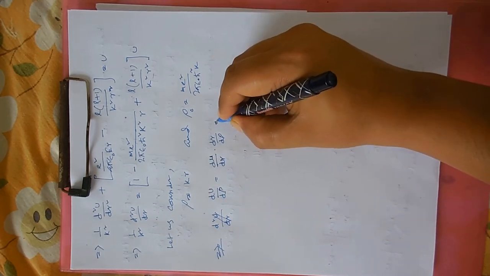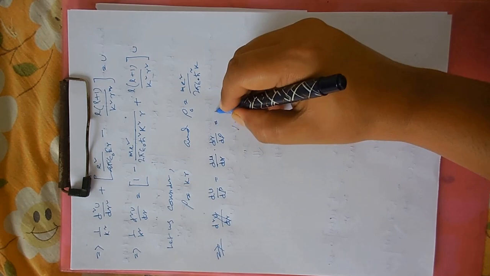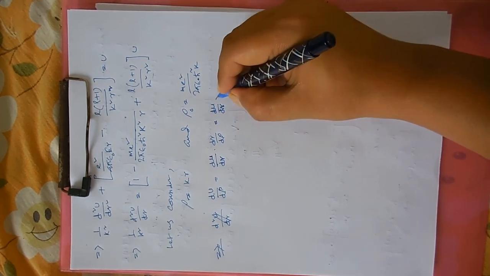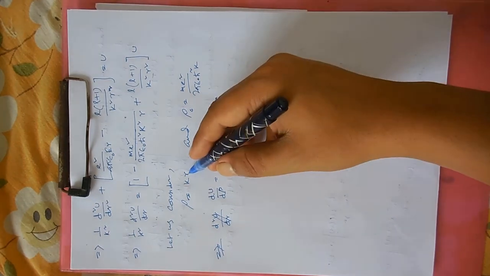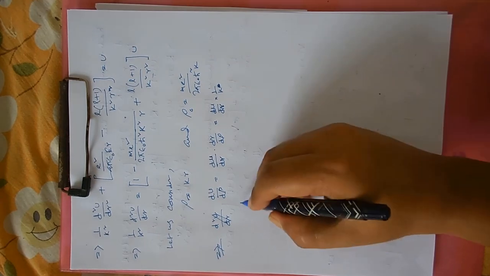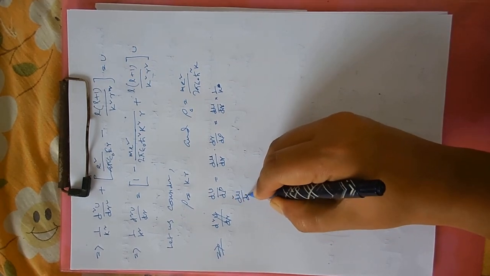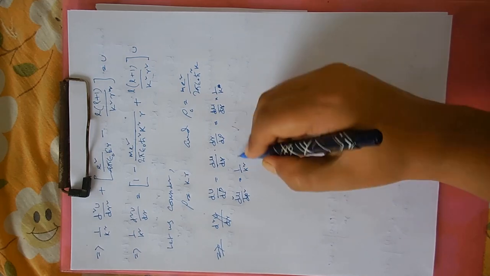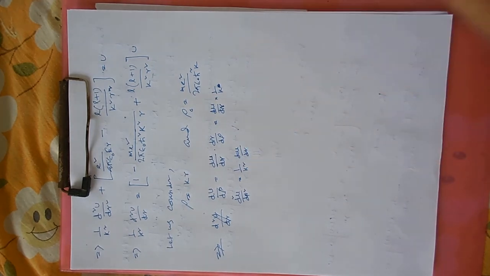Again, if you put the thing here, you will get du by dr into dr by d rho, right? So 1 by k, only k. Now for d2u by d rho square, simply you can understand you will get just k square d2u by dr square, very simple thing.